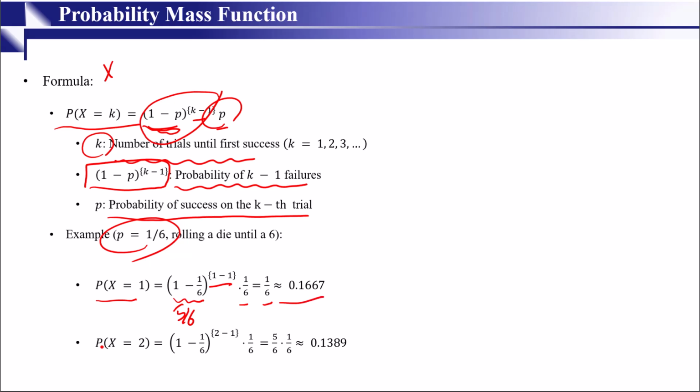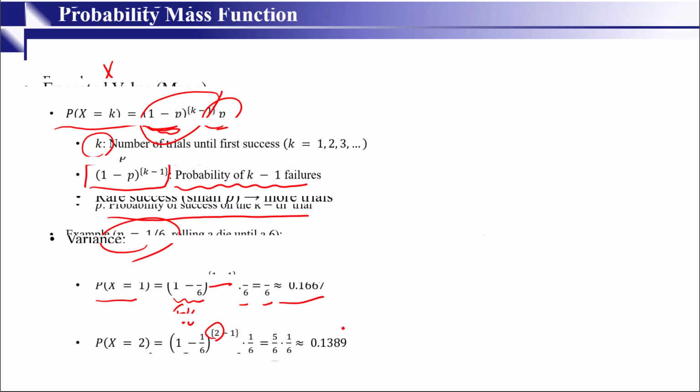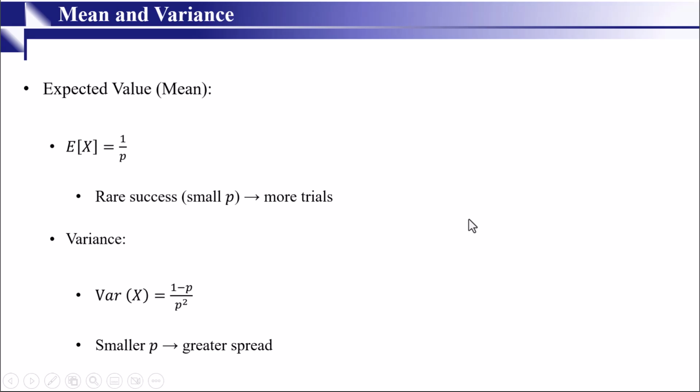And then if it is P(X = 2), the same (1 - 1/6), this time to the power 2 minus 1, multiplied by 1/6, which is approximately 0.1389.